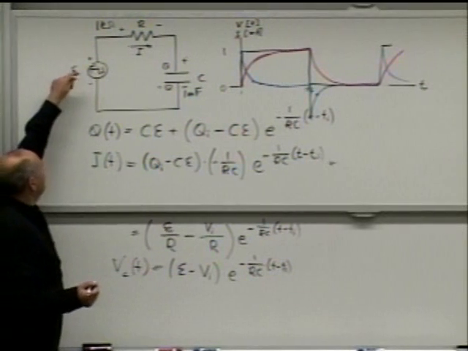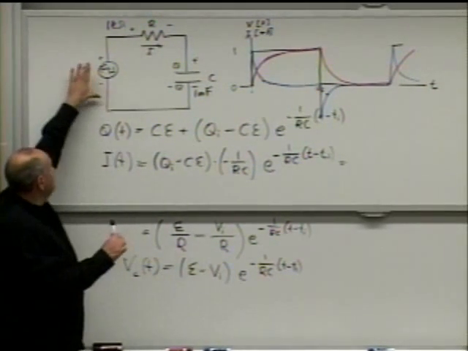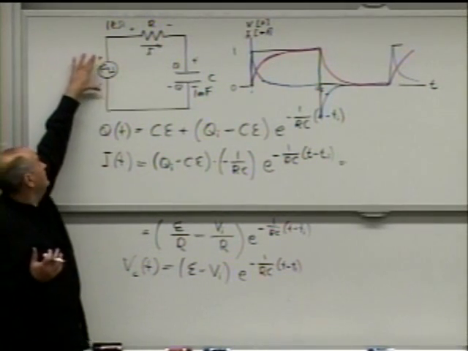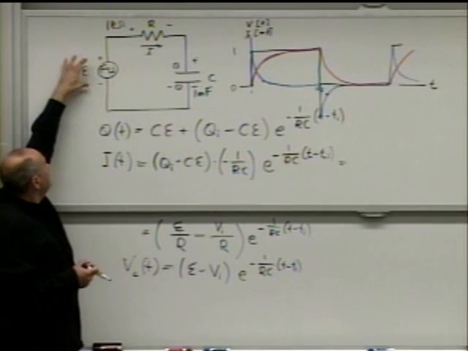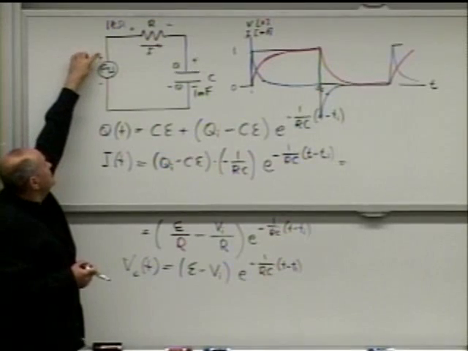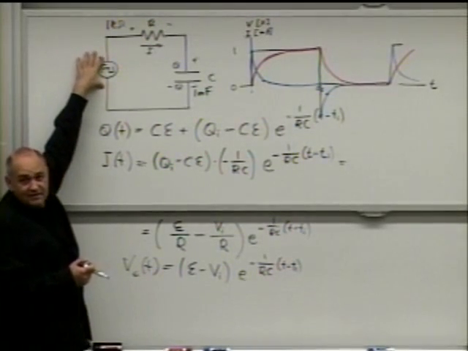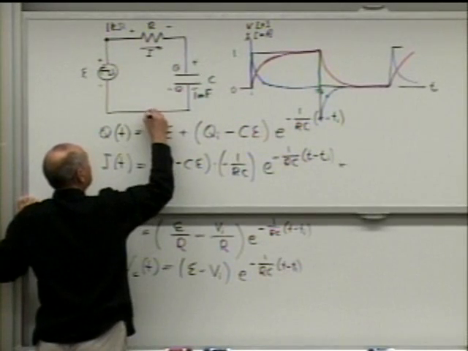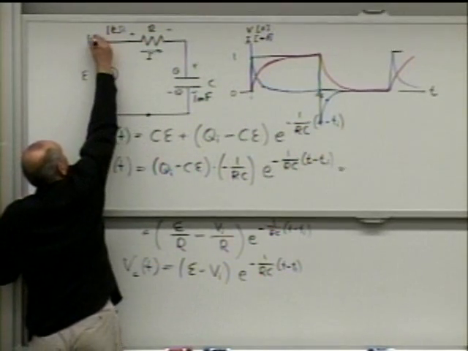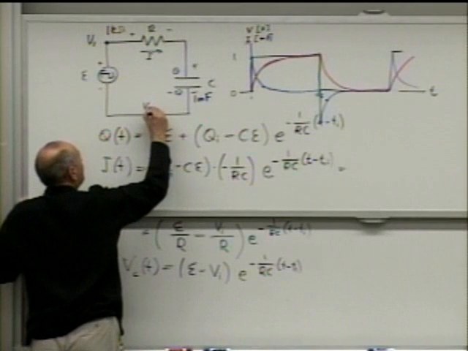Yes, potential. I consider here that this is an ideal source of electromotive force. So really, this electromotive force is potential difference between this point and this point. Now let's call this V1 and this V2.